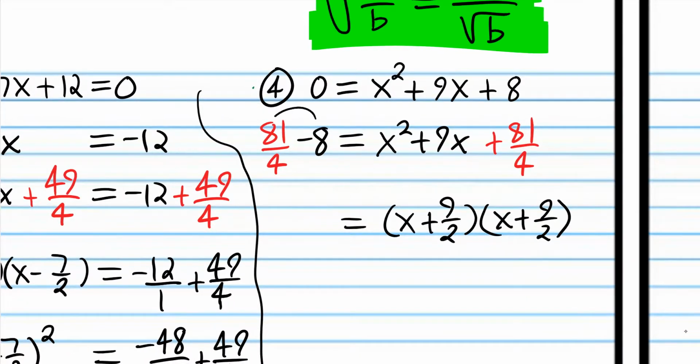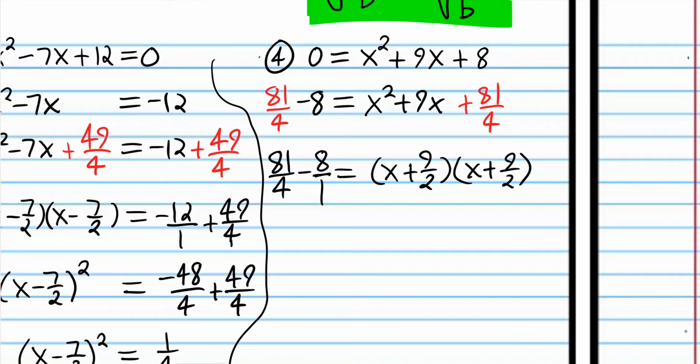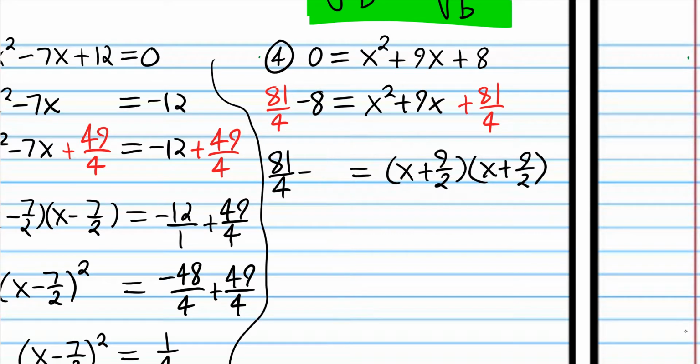Okay, so now we have to combine these two, but we can't do that unless we get a common denominator, and we can't get a common denominator unless this 8 looks like some sort of a fraction. So remember, you can always write a whole number as over 1. So that's 8 over 1. Now we're going to multiply both sides of this fraction by 4, and then we get 32 over 4.